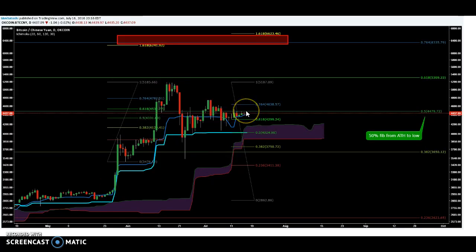So when we're looking at targets for the move up, I highlighted this zone for resistance. It's between these two extensions of these two fibs, and it's also the 764 of the entire all-time high to low, okay? That's one way to look at it. So 6,300 on OKCoin daily is a target that we might see some resistance at.